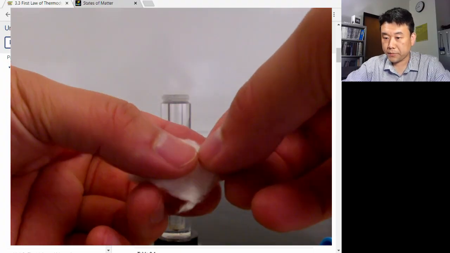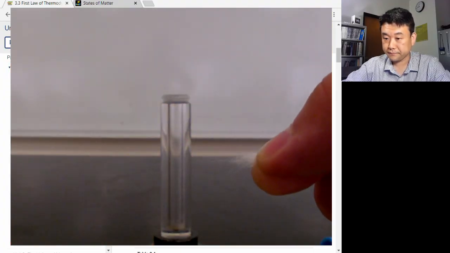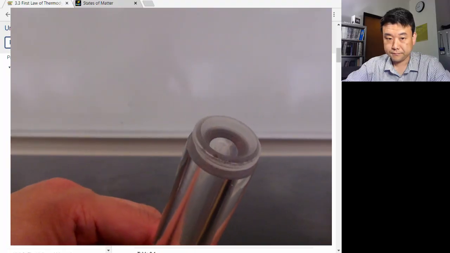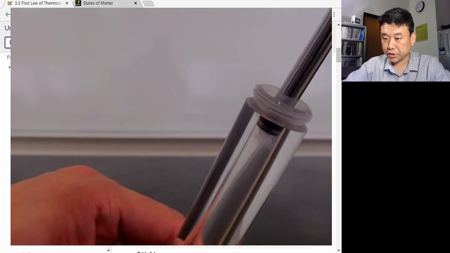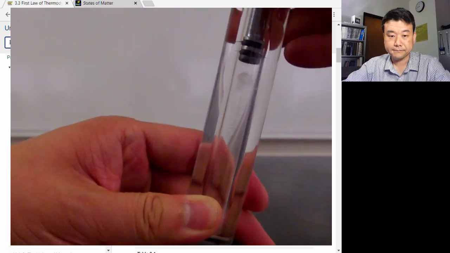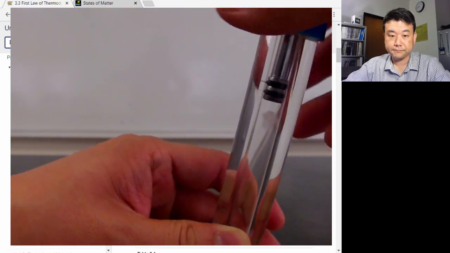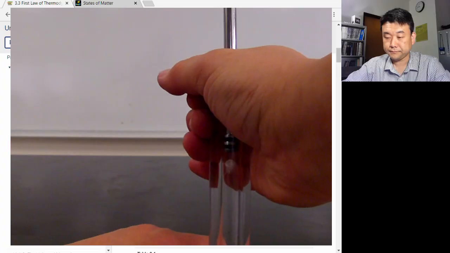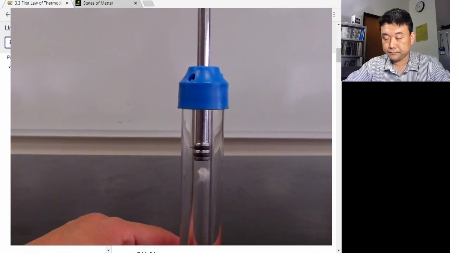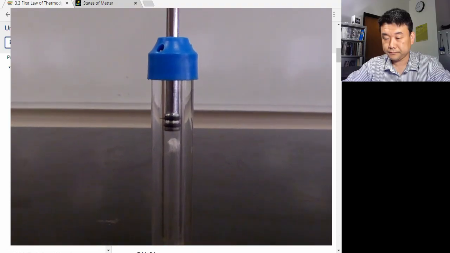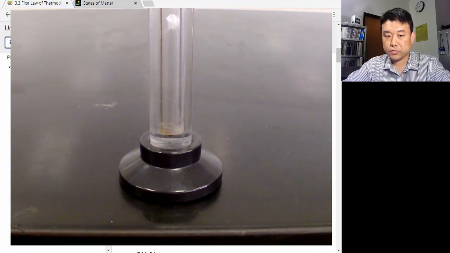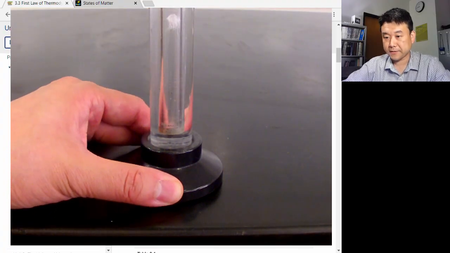I put in a small piece of cotton and push it down as far as I can push it down. And now I'm going to suddenly compress it. See what happens.